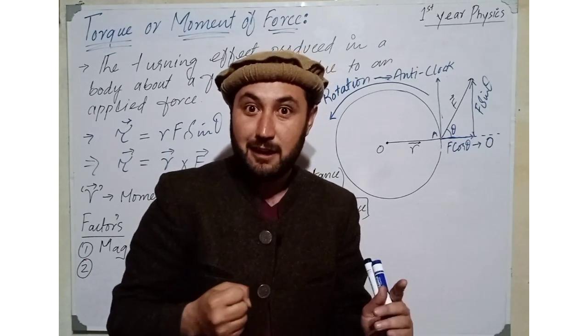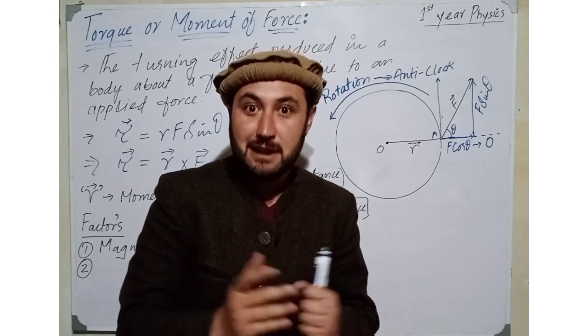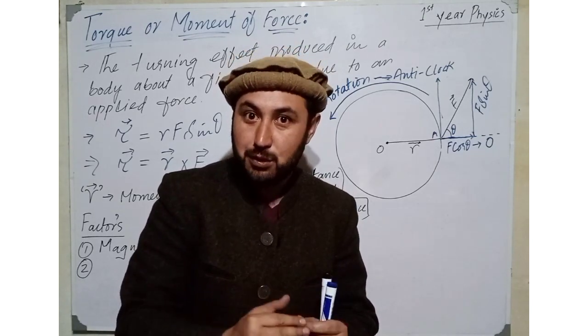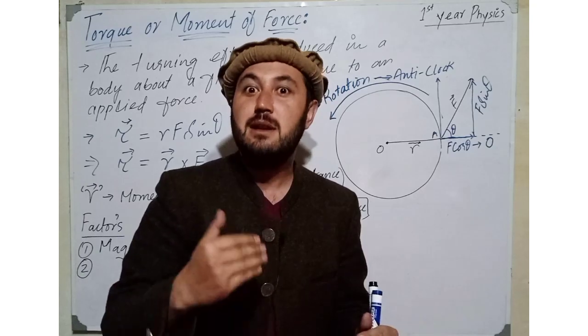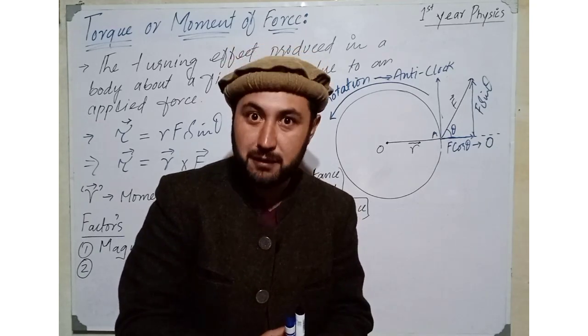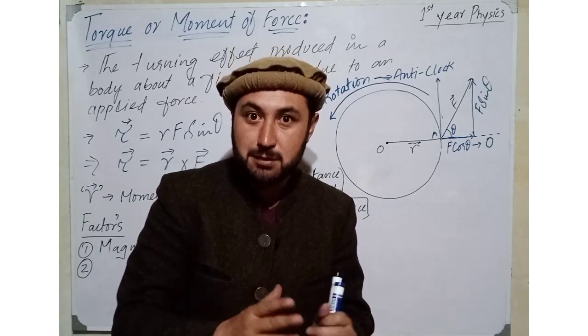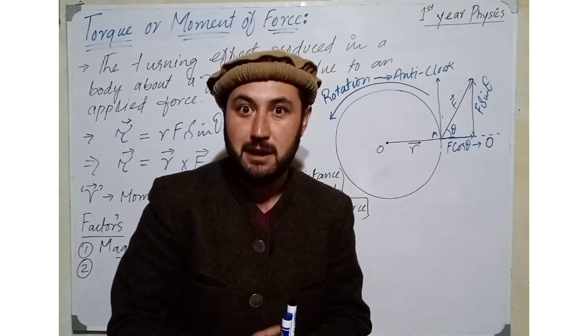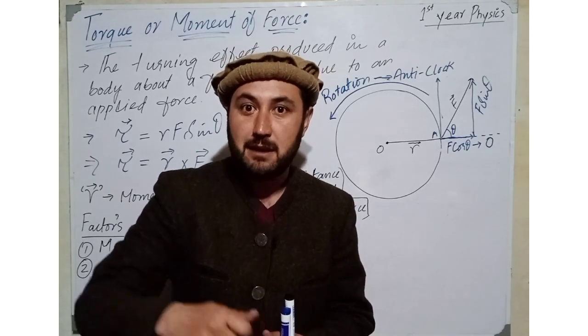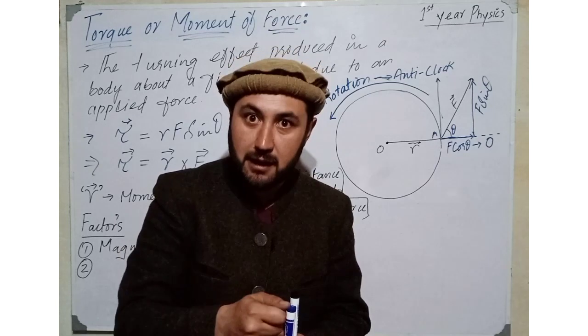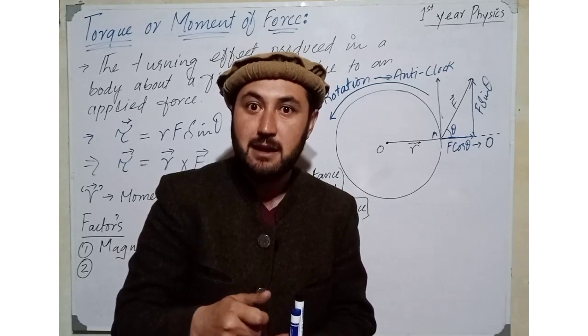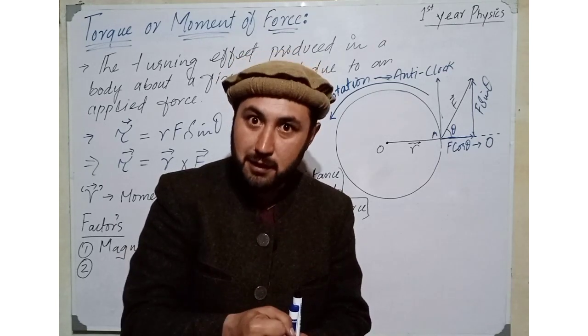So from this observation, we can conclude that if we increase the moment arm, more torque or turning effect will be there. If we decrease the moment arm, less turning effect will be there. We can take another example. If we try to open a nut using a small spanner, more effort will be required.